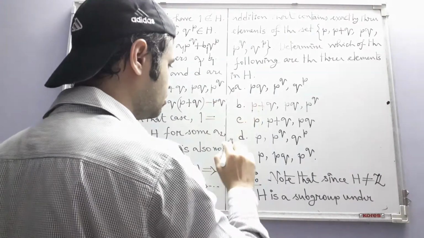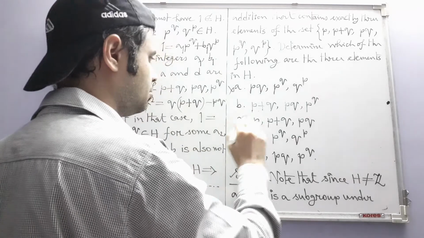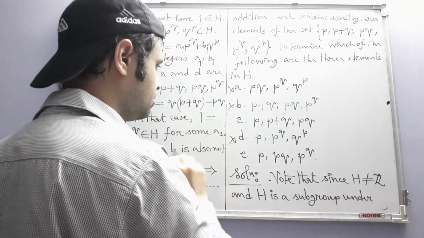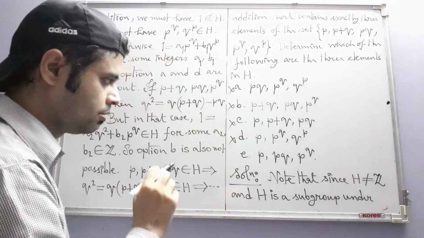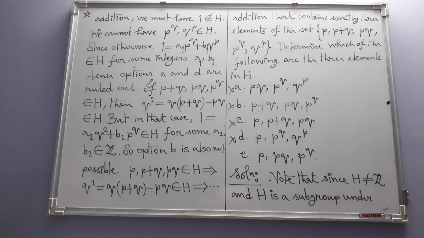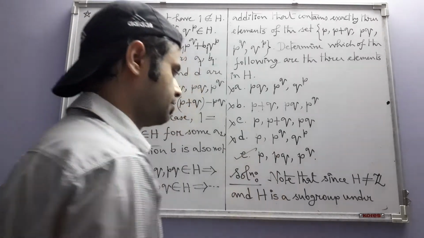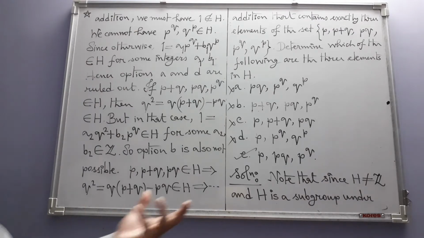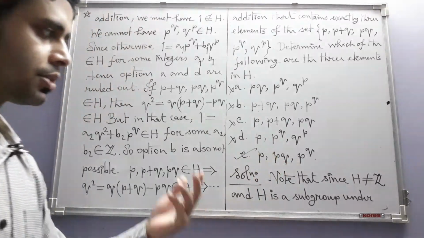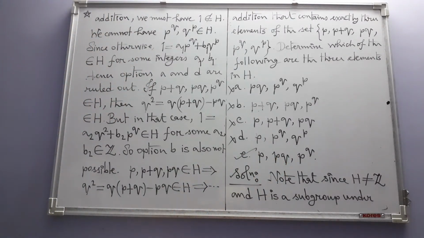So A is ruled out, B was ruled out before, D is ruled out, C is ruled out. So the only possibility is E. Okay, so these are the only possible numbers that can belong to H.